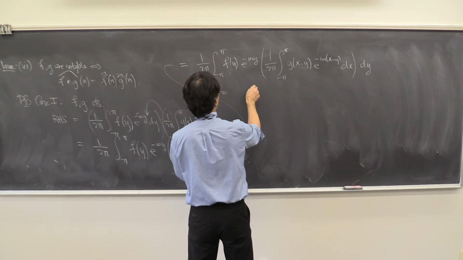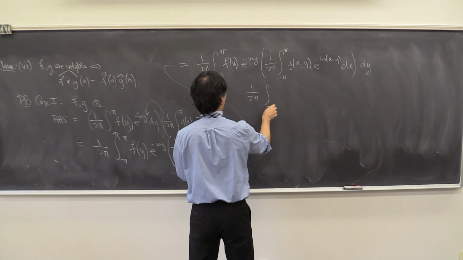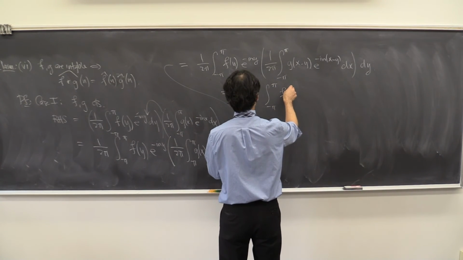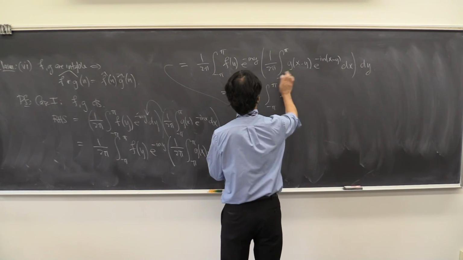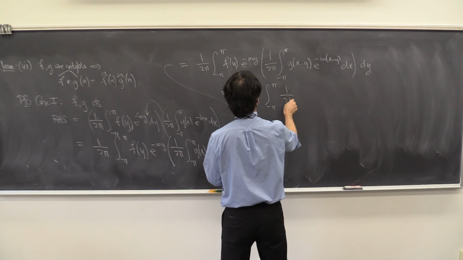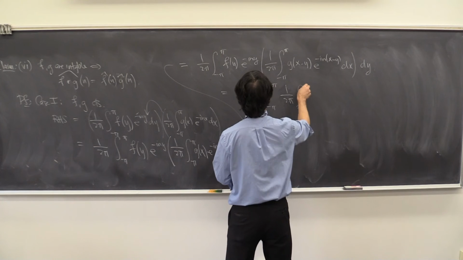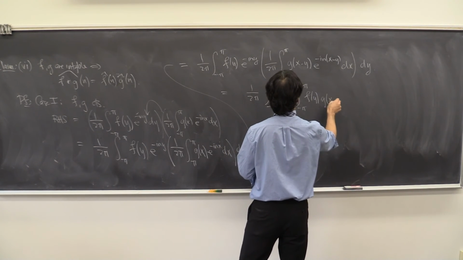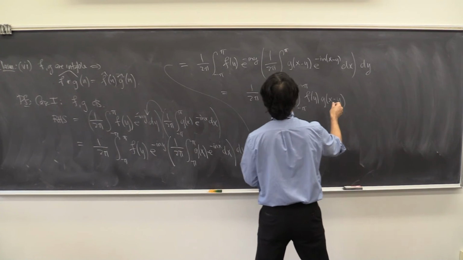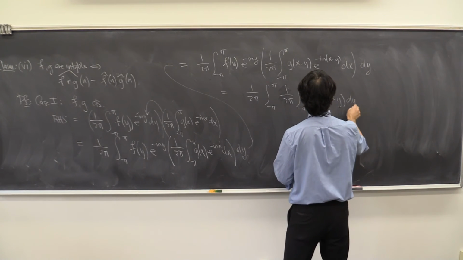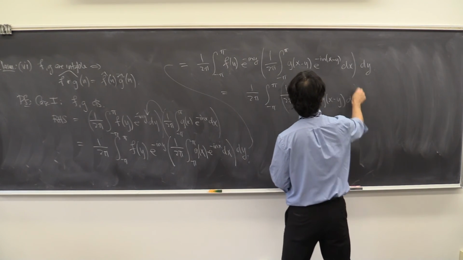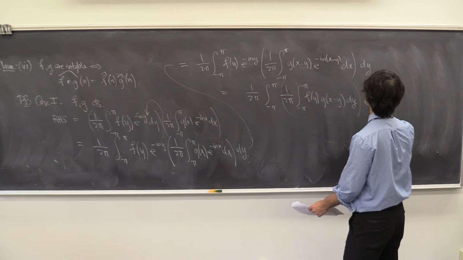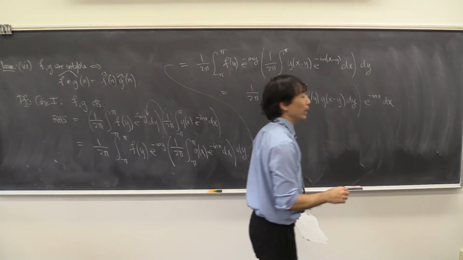So this is going to be 1 over 2 pi, the integral from negative pi to pi of f of y g of x minus y dy. And then what we have left over is e to the negative i n x dx.